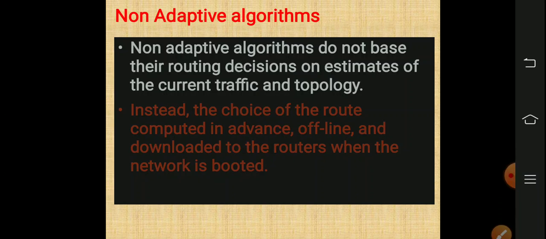Instead, the choice of route to use is computed in advance, offline, and downloaded to the routers when the network is booted. For example, shortest path routing and flooding. So we'll see what this non-adaptive algorithm or static routing is.